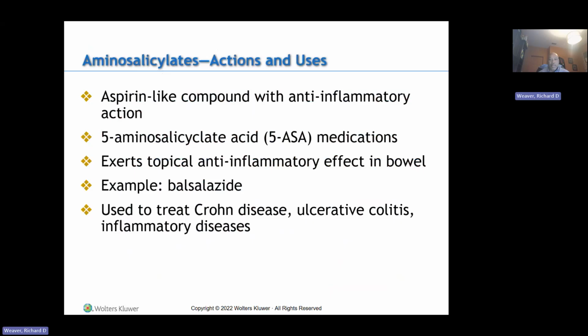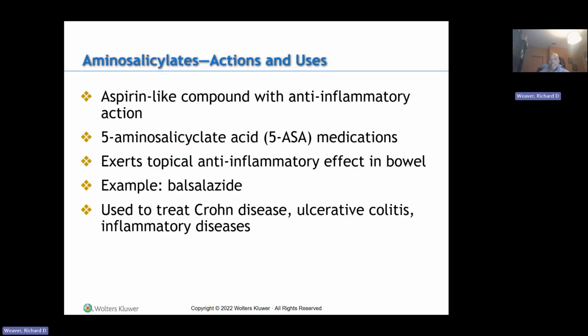Now, you may also hear them called 5-aminosalicylic acid or 5-ASA. ASA is actually aspirin, like an abbreviation. 5-ASA medications have a more topical anti-inflammatory effect in the bowel.